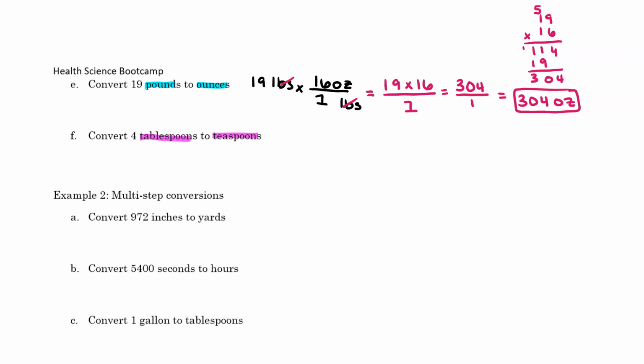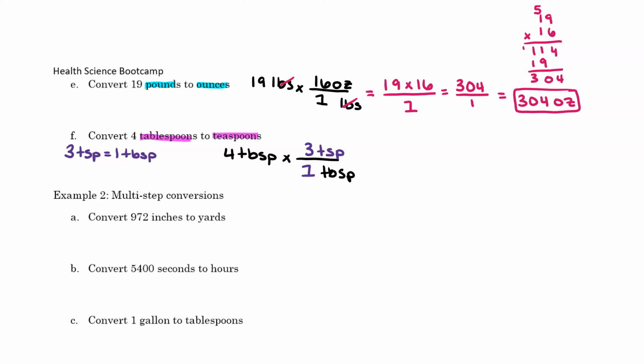So I'm just going to write that so I don't forget. 3 teaspoons equals 1 tablespoon. Okay, so I'm starting with 4 tablespoons times divide. Now I need tablespoons on bottom. So it was 1 tablespoon is the same as 3 teaspoons.